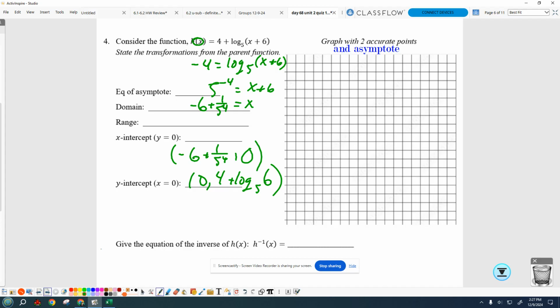You have to set y equals 0. So 0 equals 4 plus log base 5, and this is going to be 4 on the right side. You give the point on the graph, but then it's going to be 0. You have to be so careful. I get everything but the intercepts. Yeah, so do that and then.